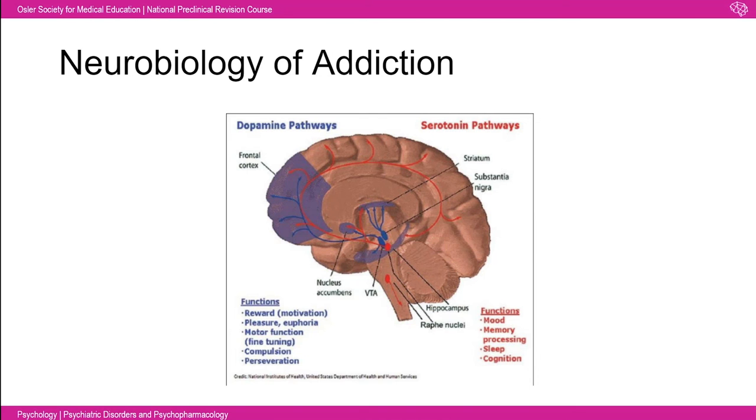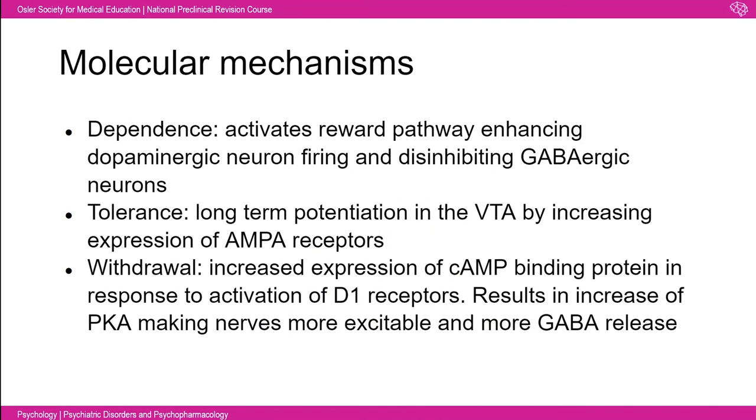I'm going to talk about the molecular mechanisms of some of our key points of drug addiction. Dependence occurs due to the activation of reward pathways, which enhances your dopaminergic neuron firing and disinhibits your GABAergic neurons. Your GABAergic neurons are usually inhibitory neurons, so by disinhibiting them, you're increasing the overall activity.